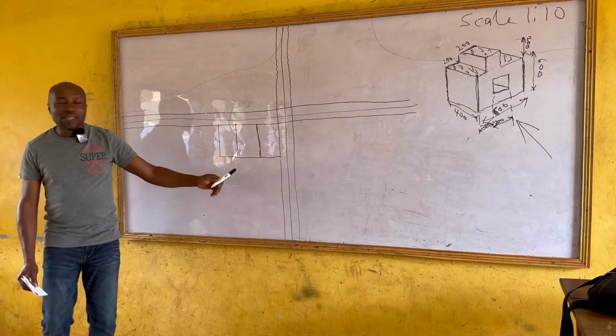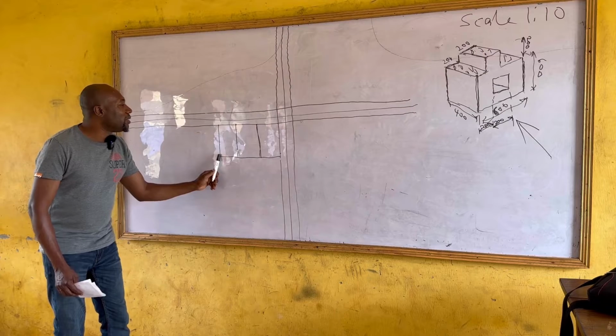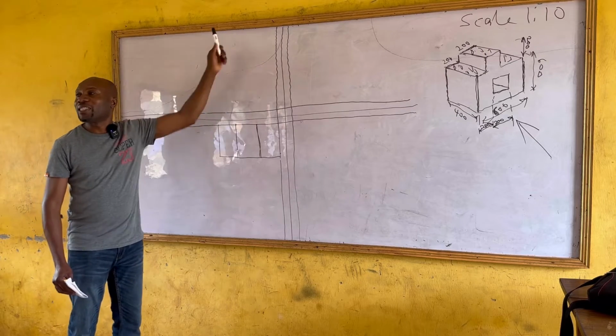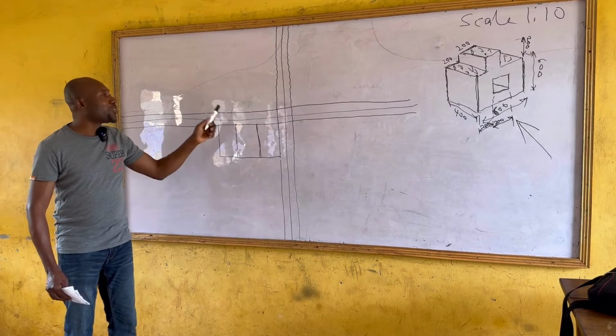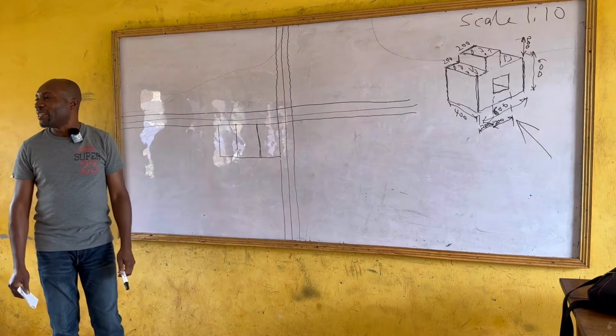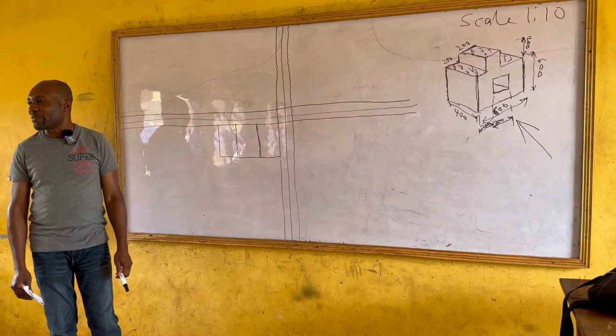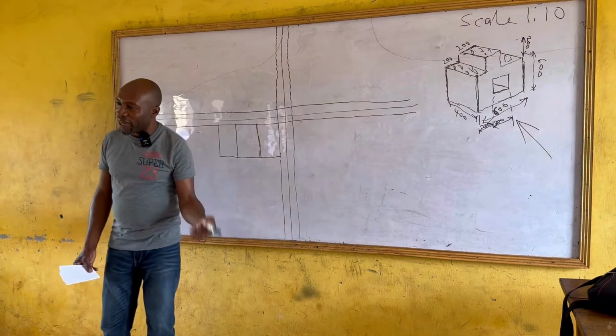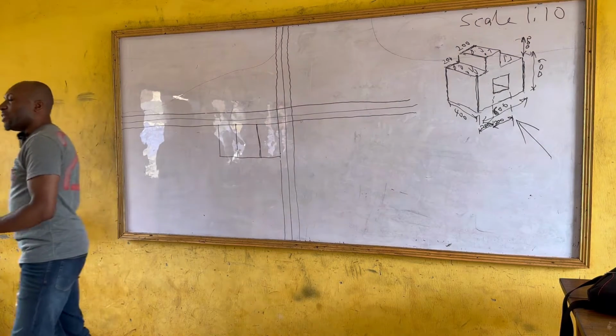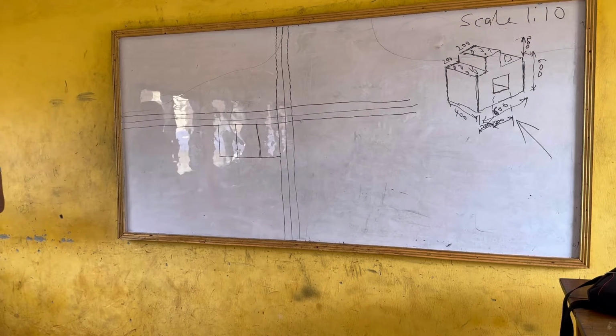In this way, after drawing the plan, you will still extend all these lines up. So when you extend these lines up, it also helps you to get the front view or the front elevation. So you can choose to draw the plan first or the front elevation first.